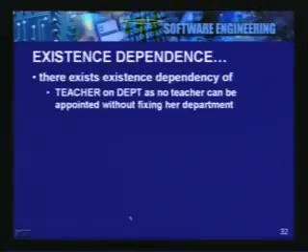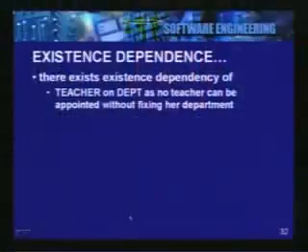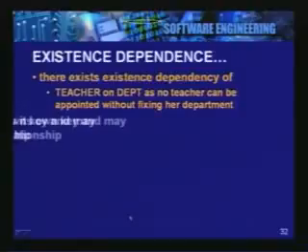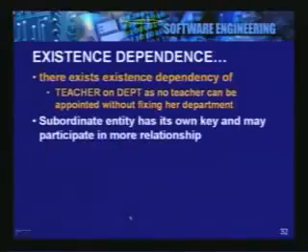What it means is that teacher cannot exist without being associated with some department. So, teacher depends on department. Teacher cannot exist without being associated with some department. So, there is an existence dependence between these two entities, where the teacher is a subordinate entity and department is a main entity.